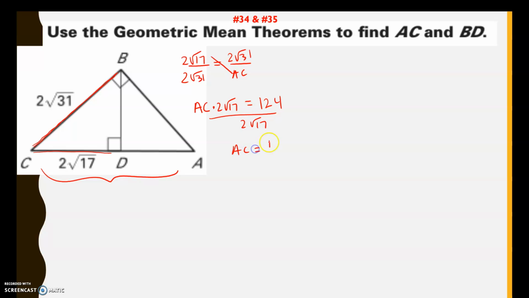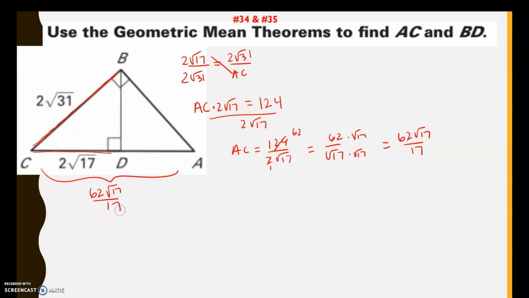So AC is equal to 124 over 2 rad 17. 124 and 2, I simplify, and that gives me 62 and 1. So I get 62 over rad 17. Now I rationalize the top and bottom by rad 17, and I get 62 rad 17 over 17. And that's my length of AC.